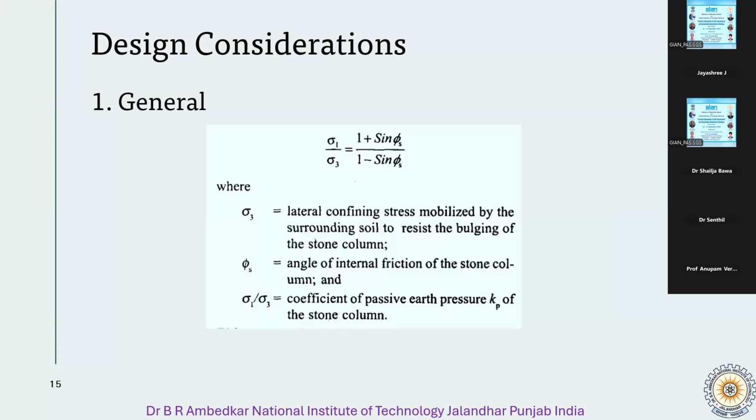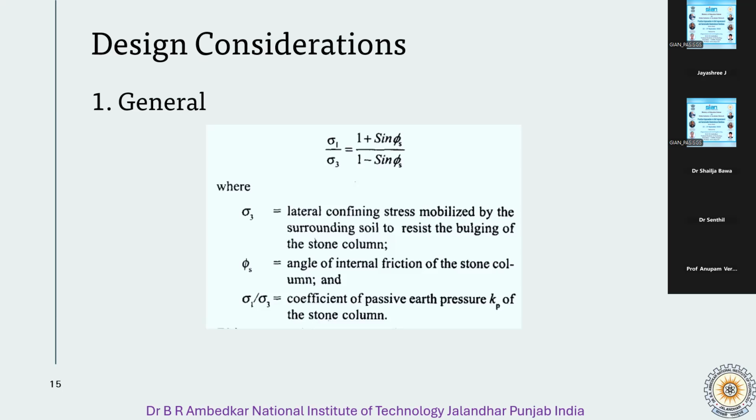So when we have to design the stone columns, we have to keep in mind some general points. The first thing is how we calculate the lateral confining stress. Here we always assume a triaxial state of stress. The stone column is there, and the surrounding soil is also there.